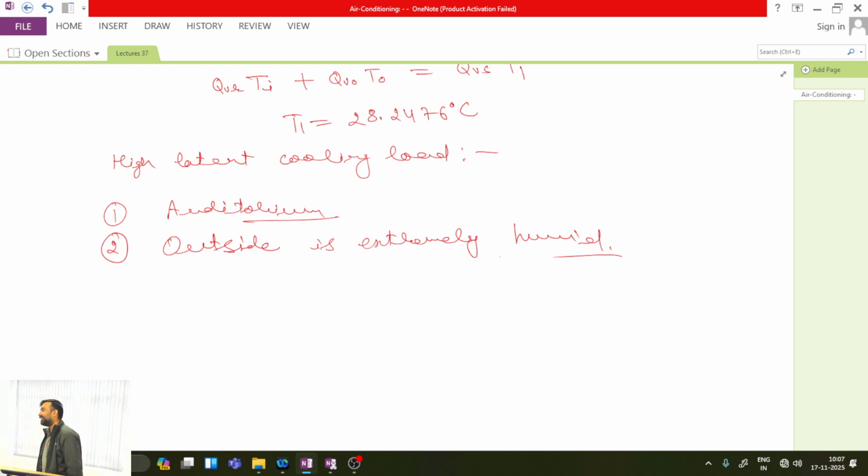So if you have to maintain comfortable conditions inside, whatever small amount of infiltration is taking place, and even for the purpose of ventilation, you are allowing some ambient air to come inside. That ambient air will lead to significant moisture addition into the room. Ultimately, that will also mean a significant latent heat load, latent cooling load.